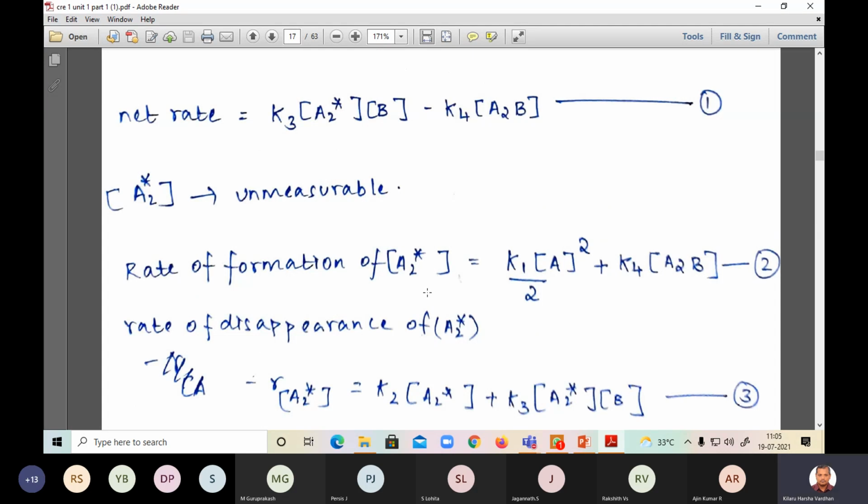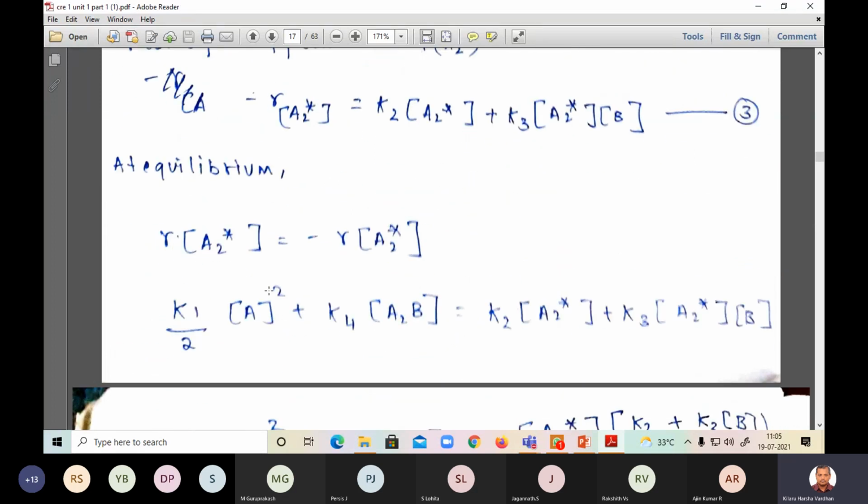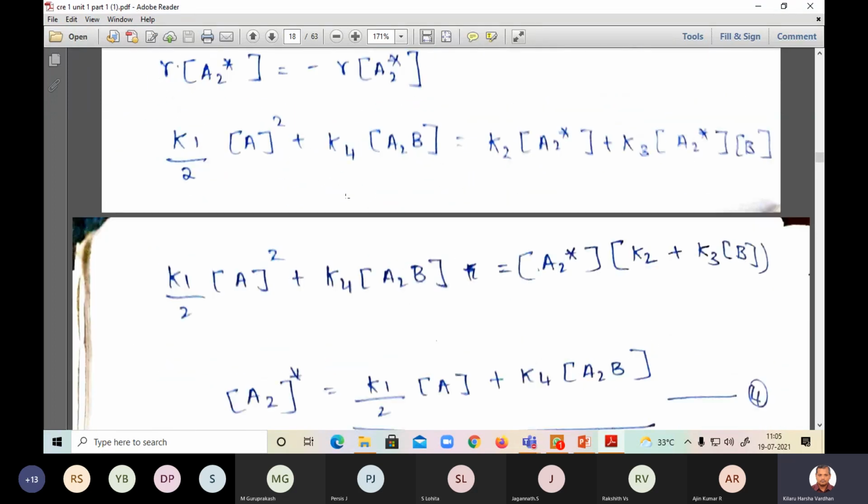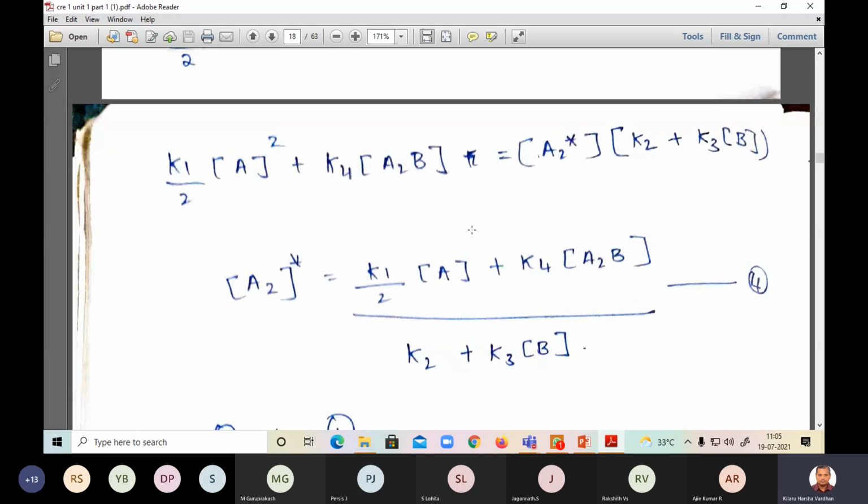We equate them with one assumption: at equilibrium, whatever rate the intermediate is formed, that much rate it disappears. If you put that, then you get A2star in terms of measurables.